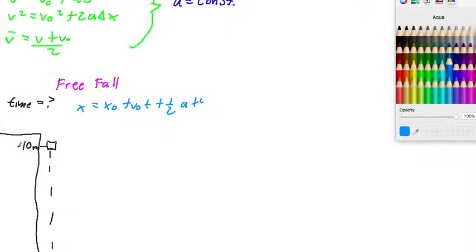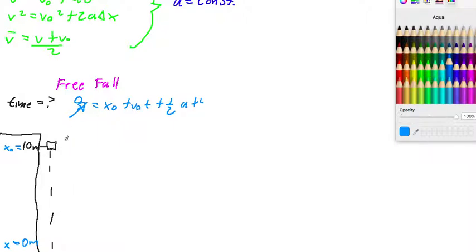Now let's find our variables. The initial height was 10 meters, and our final height is the ground, which is usually 0 meters. So this right here goes to 0. Now what was the initial velocity?